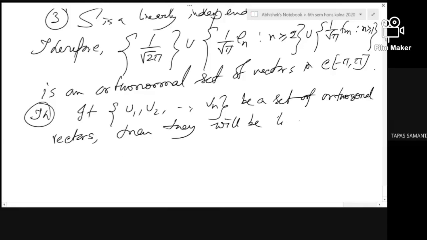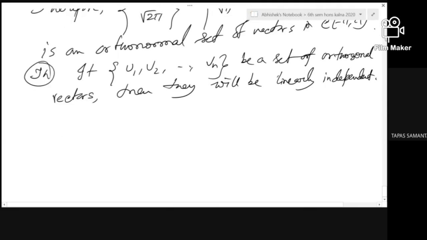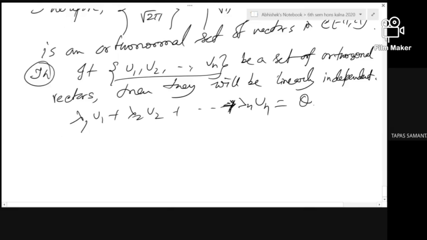This is an important observation: any orthogonal set of vectors will be linearly independent. Why is it linearly independent? Suppose the linear combination λ1 v1 + λ2 v2 + ... + λn vn is equal to the null vector.